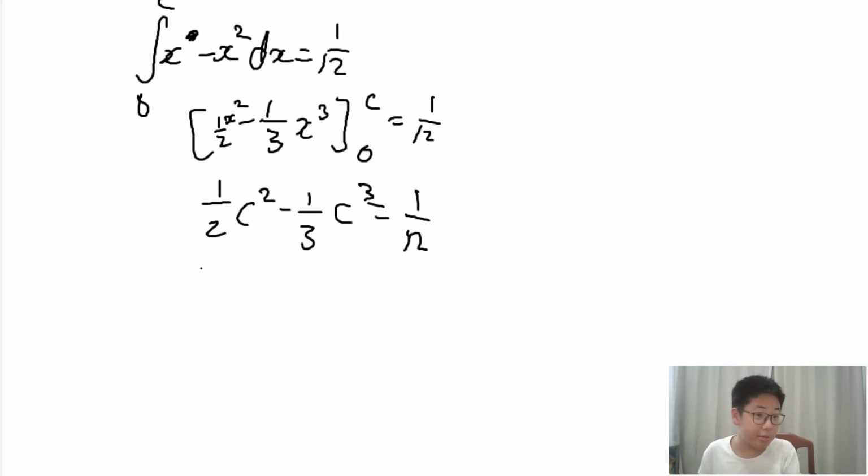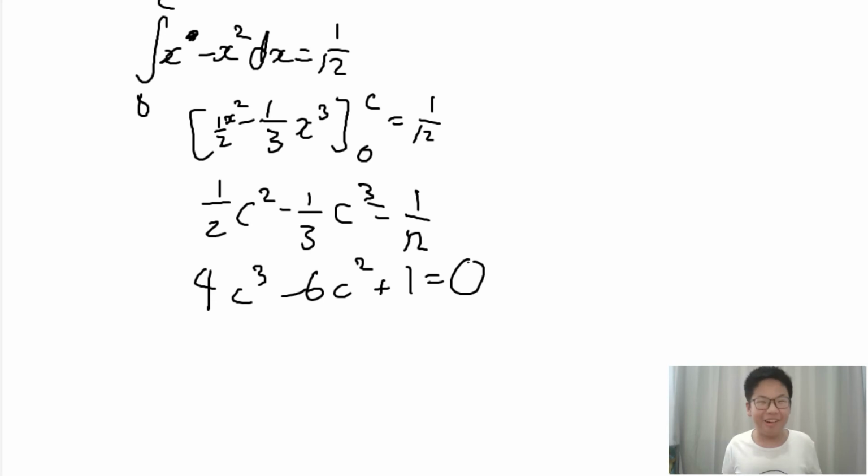We rearrange this equation, and it becomes 4c cubed minus 6c squared plus 1 equals 0. Now, what we're going to do is solve using Tartaglia's cubic formula. No lah, just joking. Now what we're going to do is substitute x equals 2c. Why? We're going to see later.